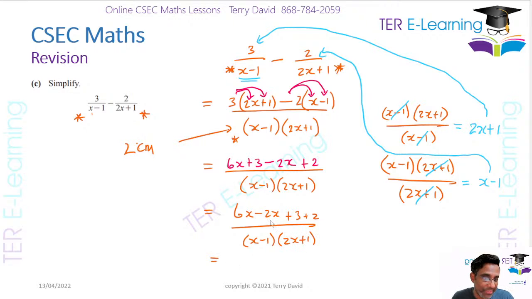So when I simplify the numerator, I'm going to get 4x, and 3 plus 2 is going to give me 5, all over x minus 1 by 2x plus 1, right? So that's it. This is my final answer here at the bottom, right? So these questions tend to be very tricky. So you're going to have to be very, very careful, right? So just be aware of that, right?